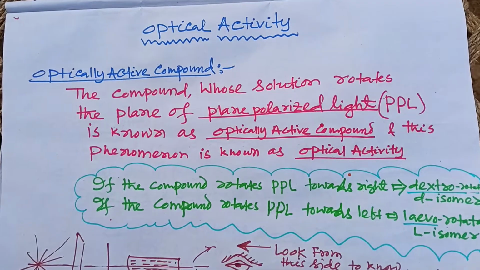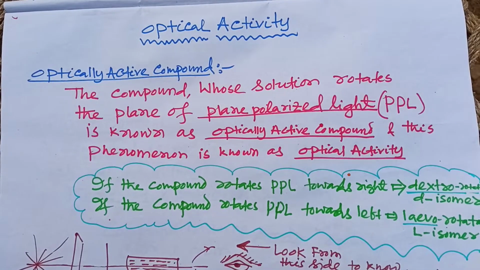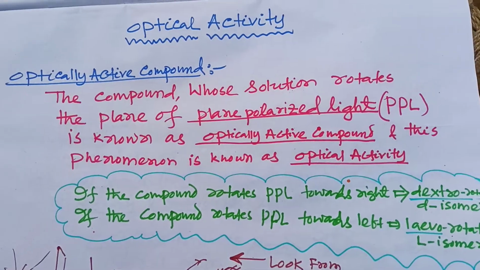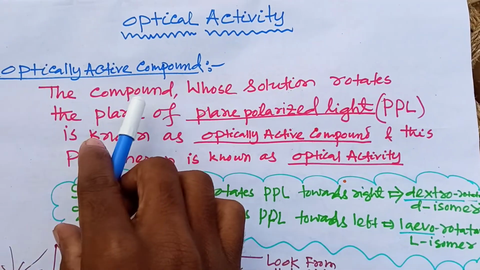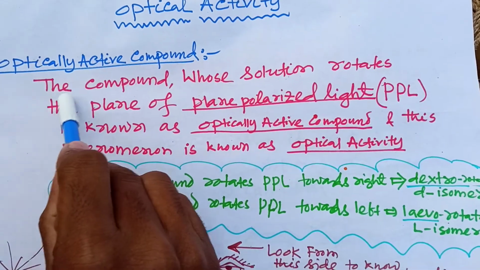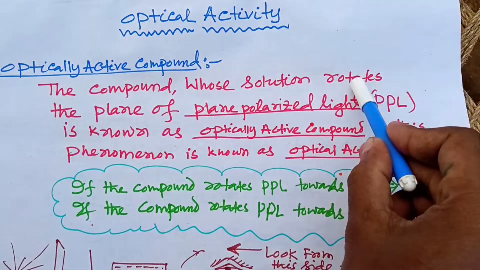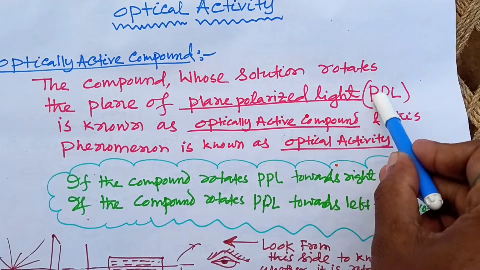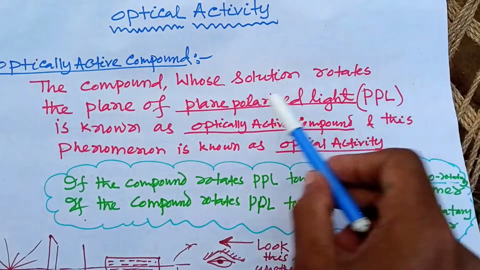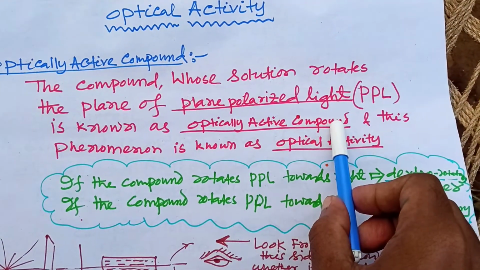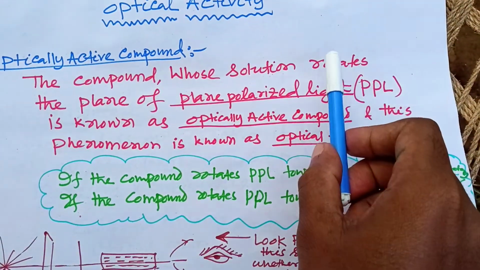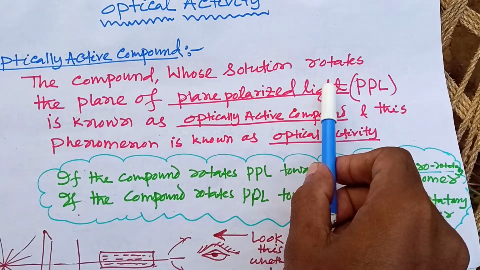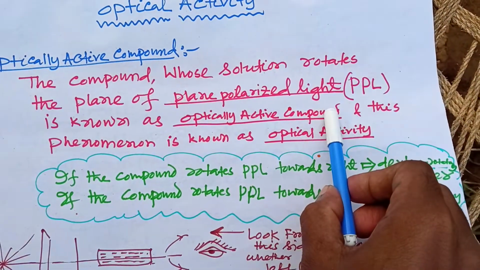First of all, let's see what we mean by an optically active compound. The compound whose solution rotates the plane of plane polarized light, that is PPL, is known as an optically active compound.